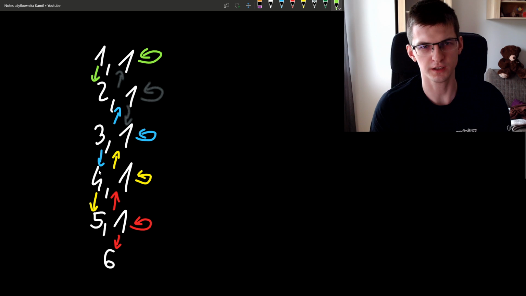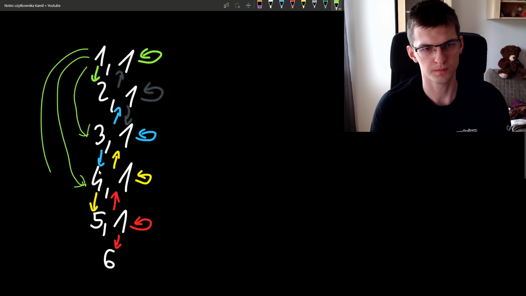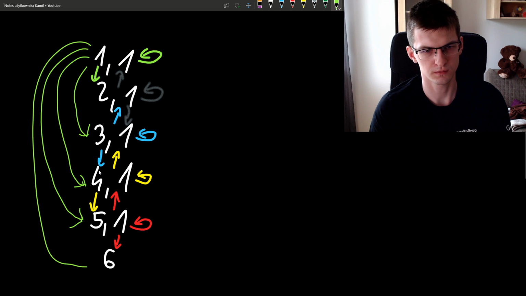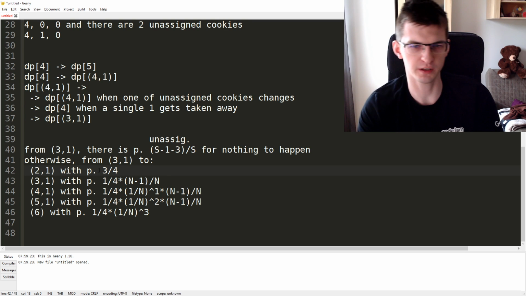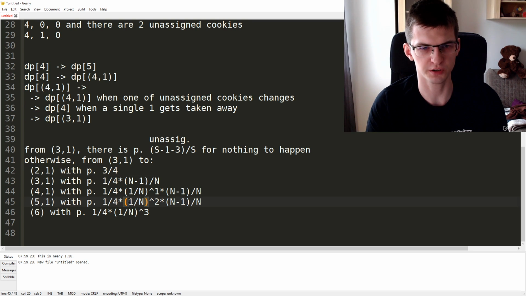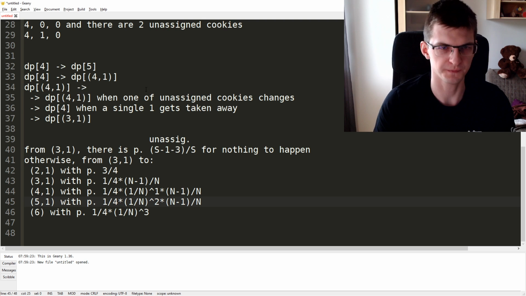Oh, but also I can get to every next thing. And that's from everything, from everywhere. But with fixed probabilities that create a geometric progression, so I will be able to pre-process that.